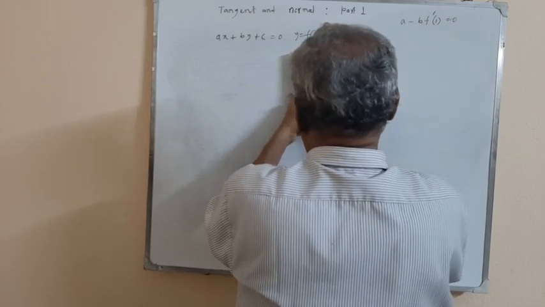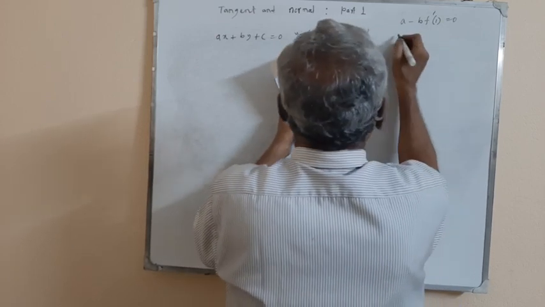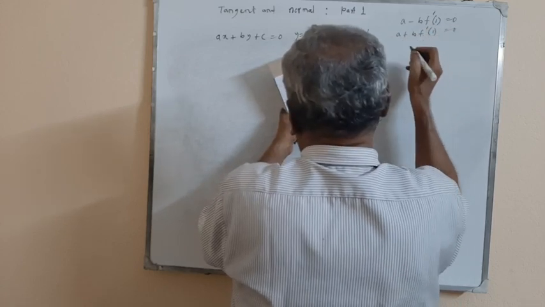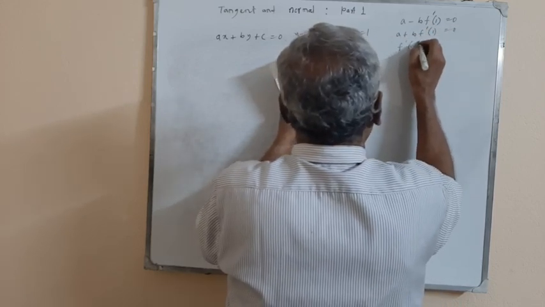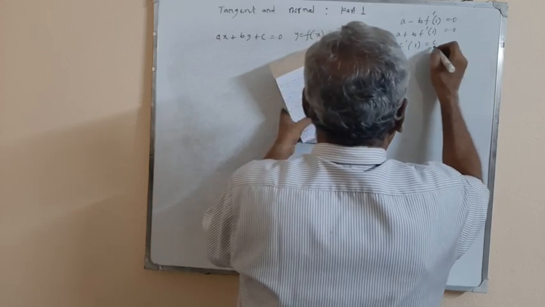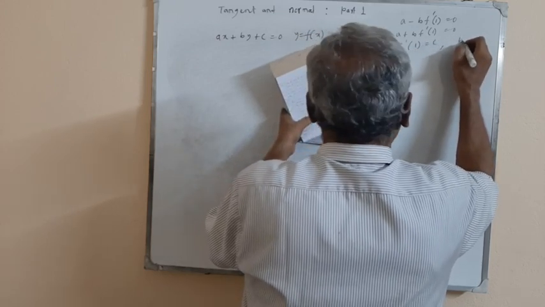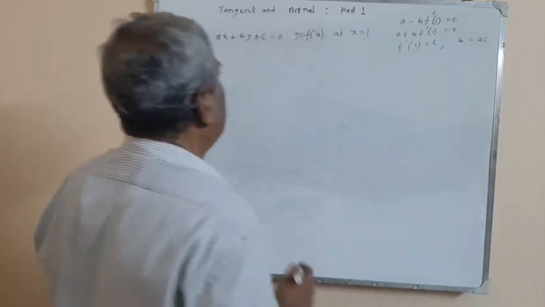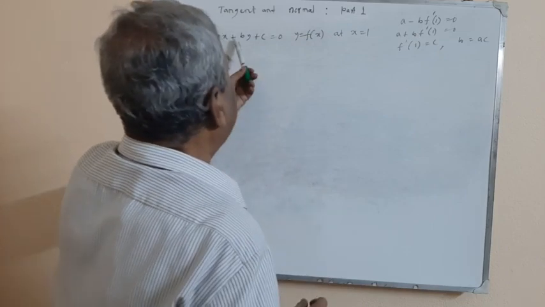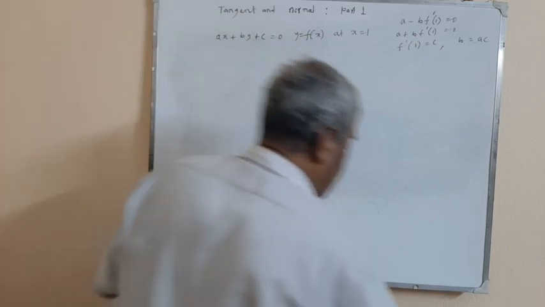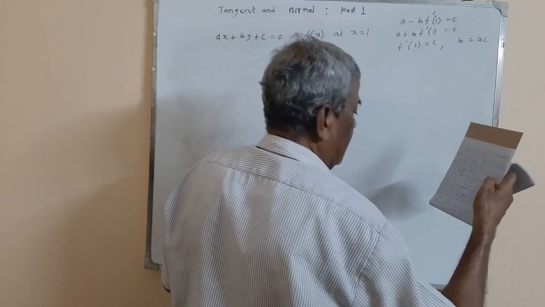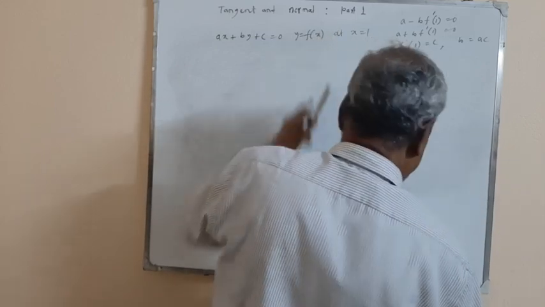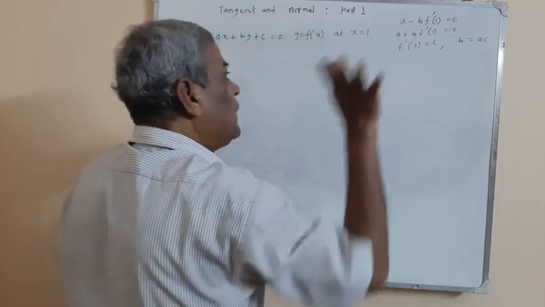Number 2, a plus b f dash 1 is equal to 0. Number 3, f dash 1 is equal to c. And last of all, b is equal to ac. So given that this straight line is a tangent of that curve, which one is true?